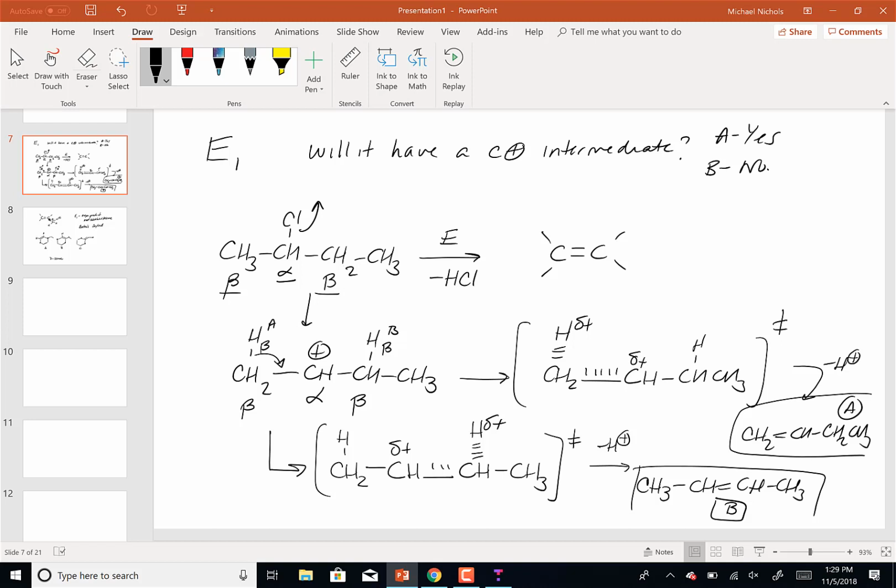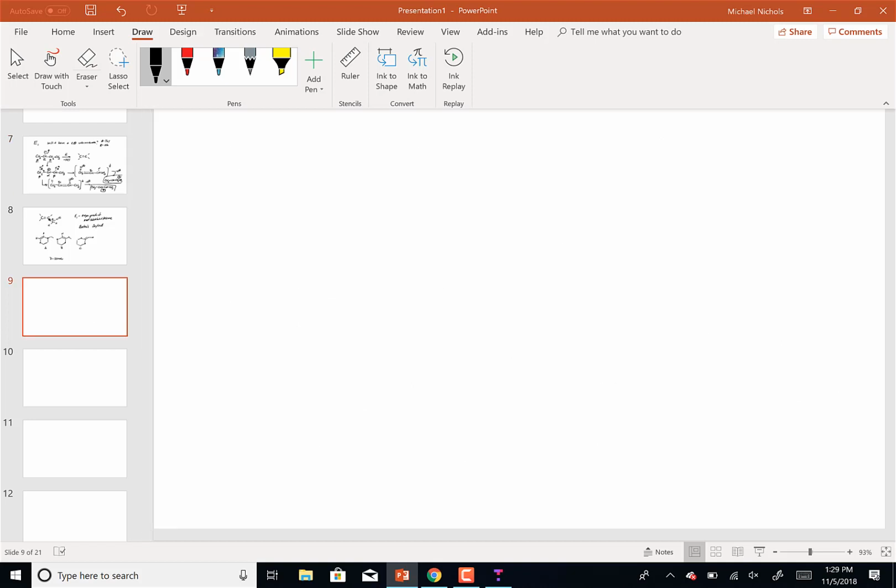So if we're doing a reaction where we have an alkyl halide, let me just go back to the one that we just did. So when I break the carbon-chlorine bond and I form the carbocation, it's a question of timing as to whether SN1 occurs or whether E1 occurs.